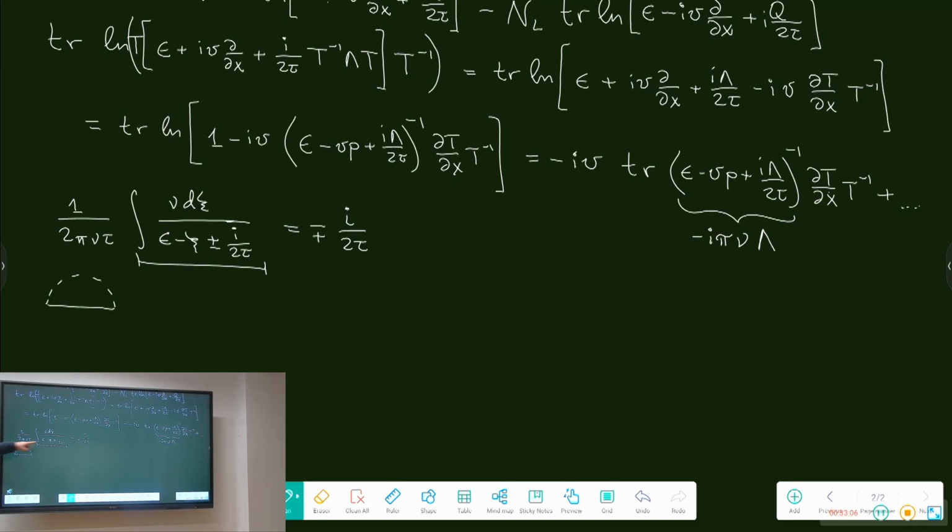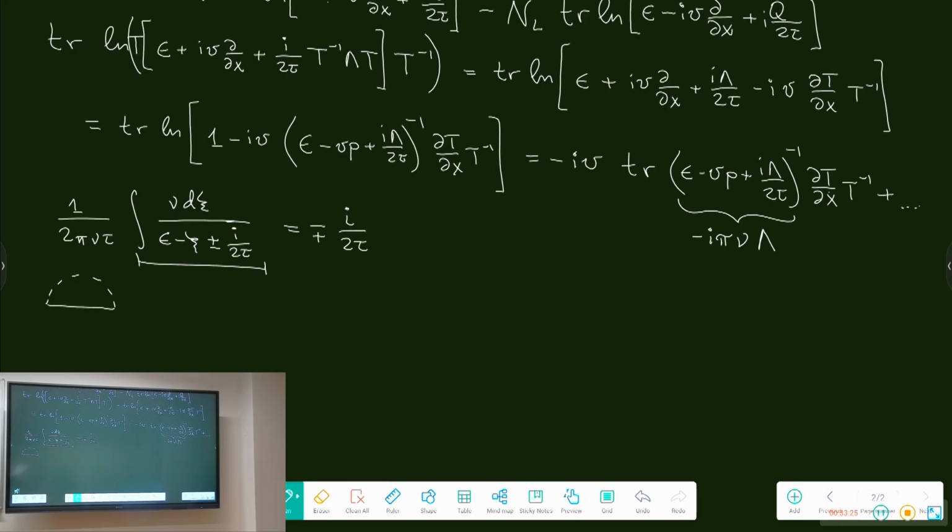So for plus, if I have plus 1 inside, I have minus. If I have minus inside, I have plus, so it's minus lambda. It's the opposite of what stays inside lambda, and i pi nu is just the rest, this pi nu here and this i from here.